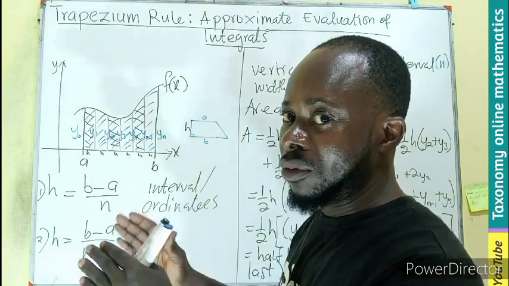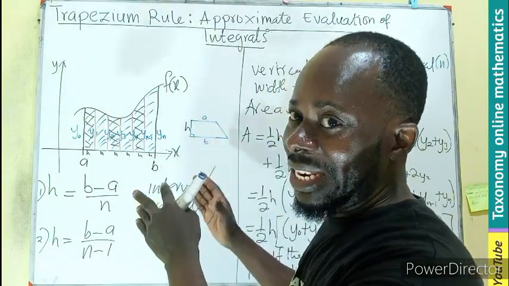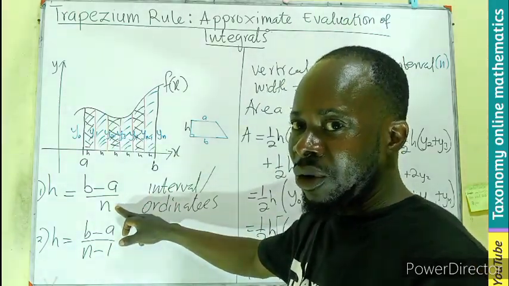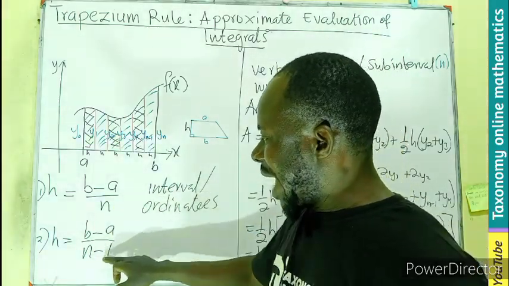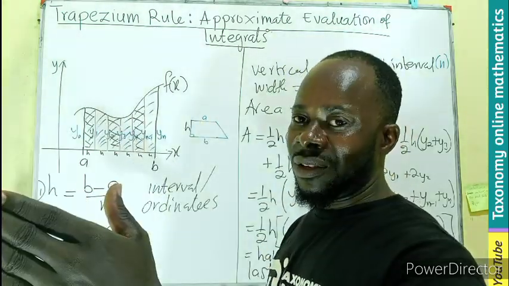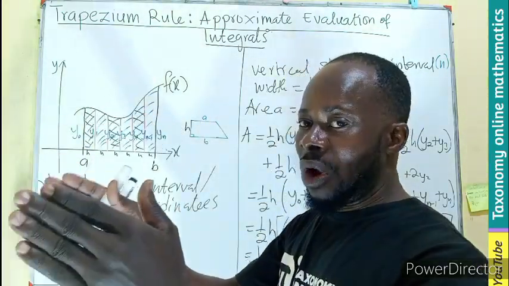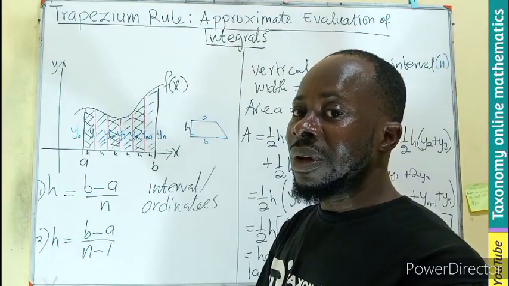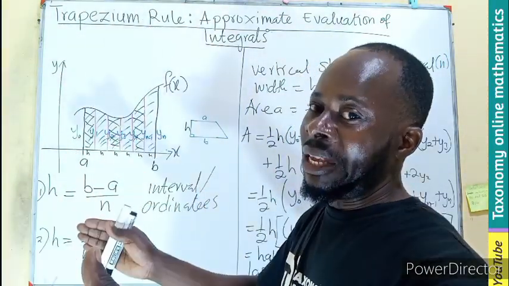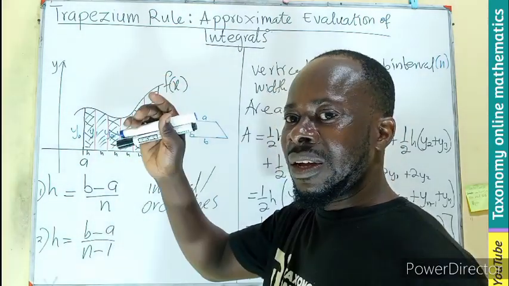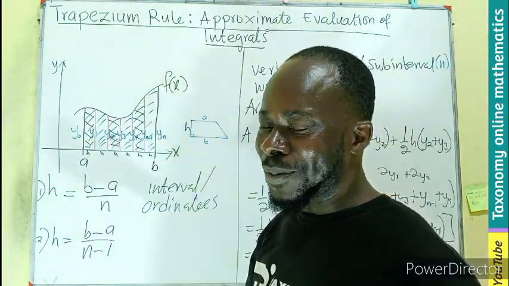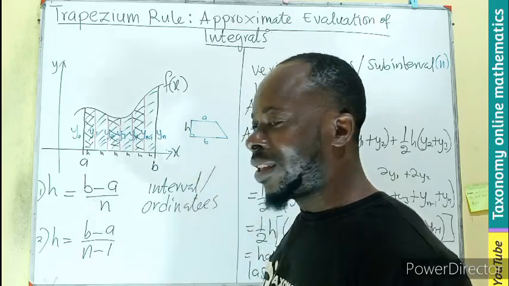The number of trapeziums you have divided the curve into, you use the n for the trapezium. Then n minus 1 means to get a trapezium, you need lines. 2 lines will come together to give you one trapezium. Since we have a beginning and an end, there will be more lines to give us fewer stripes, if I can put it that way. And I'm sure you are smiling, you have gotten the difference.